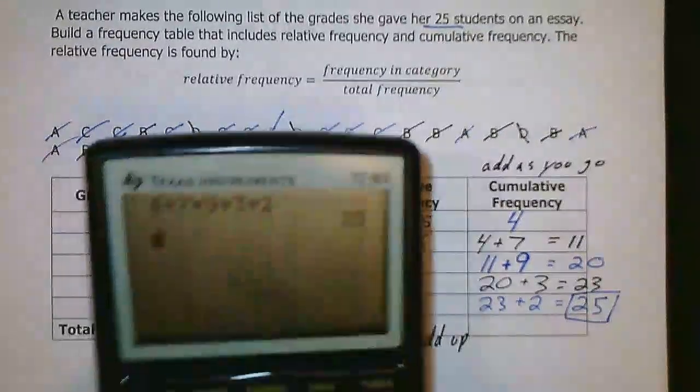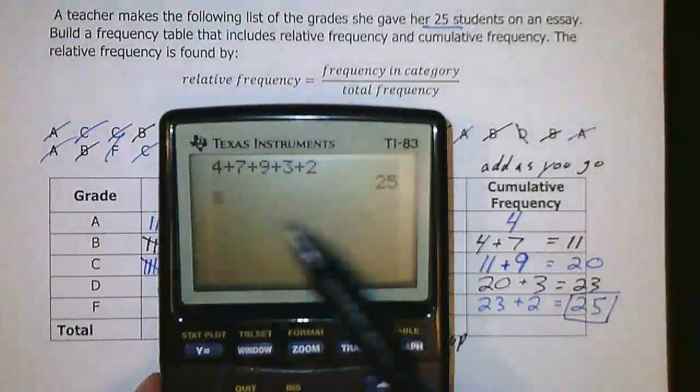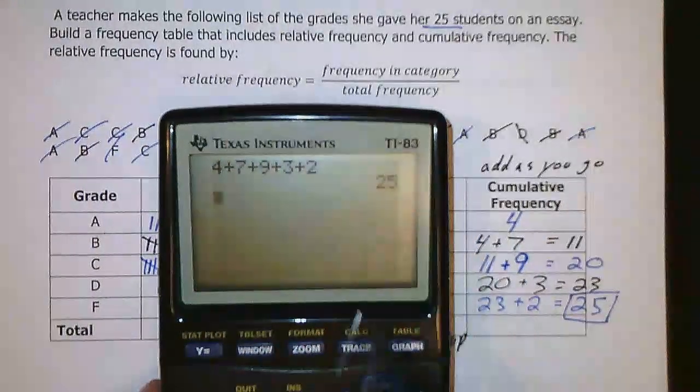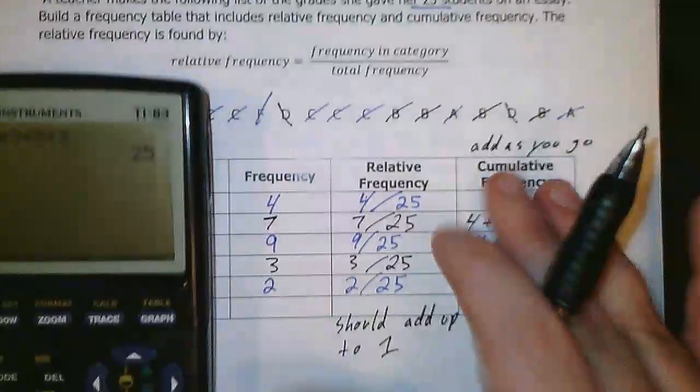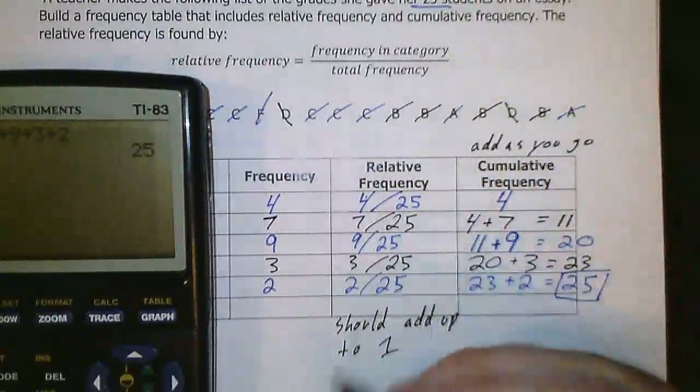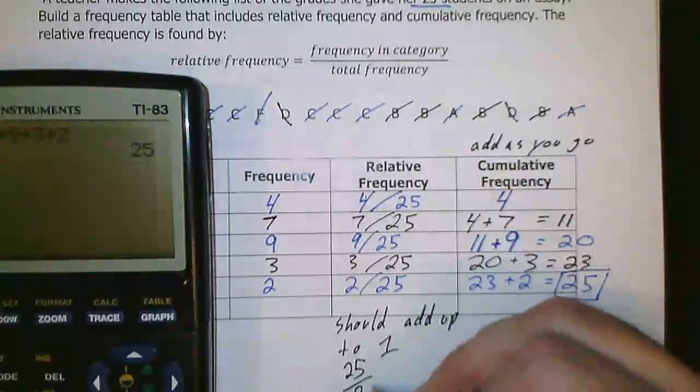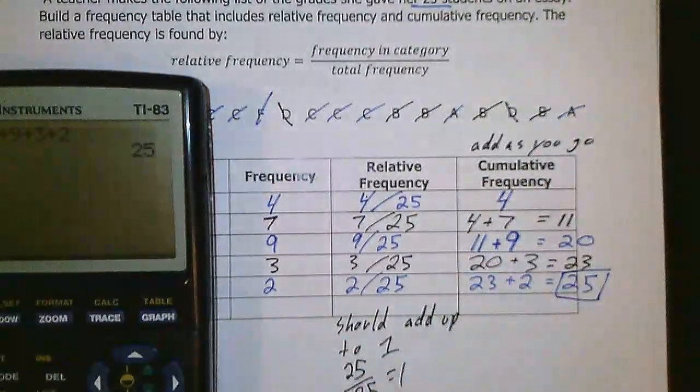That comes out to 25. So, of course, our denominators would stay the same. 25 out of 25 is indeed 1.